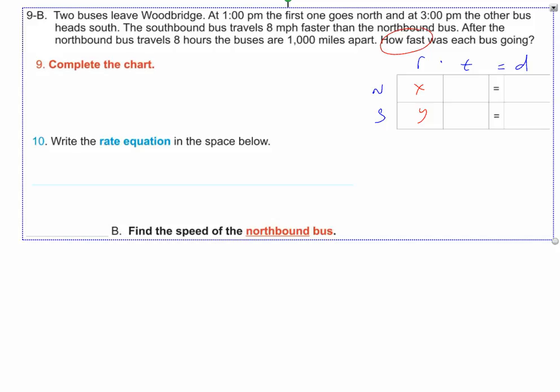Finish reading. The southbound bus travels 8 miles an hour faster than the northbound bus, after the northbound bus travels 8 hours. Time of the northbound bus, 8 hours.